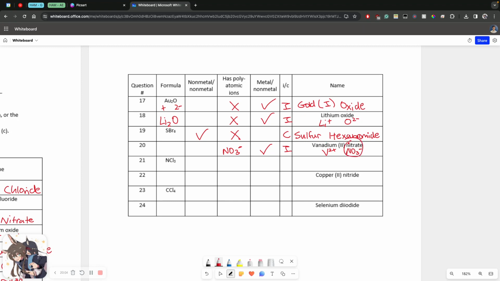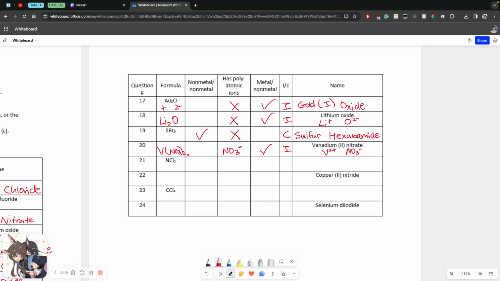So if you have 2, it would equal 2 minus, and that would match the 2 plus charge on vanadium, canceling it to 0. So then we would do V parentheses NO3 2, because that indicates that the whole polyatomic ion gets a 2, not just the oxygen at the end.